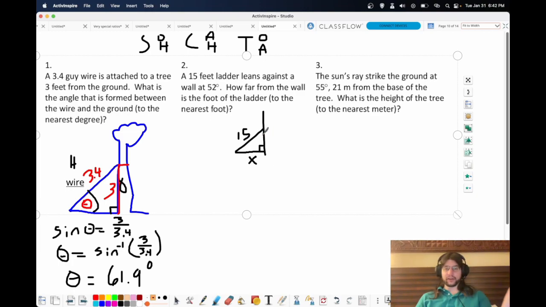Just like your angle of elevation and depression, it's with the horizontal. So if it's not specifying the angle with the wall, it's okay to assume that's the angle it makes with the ground. So right here, this is 52 degrees.